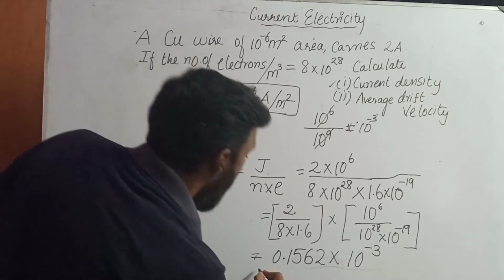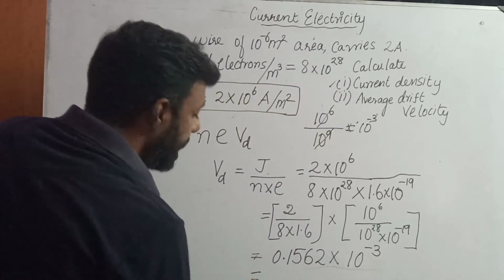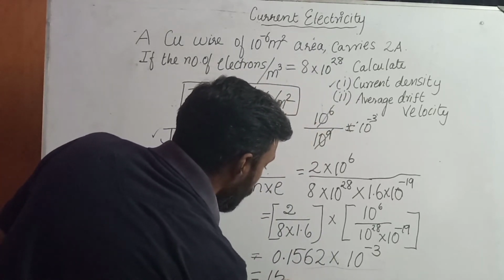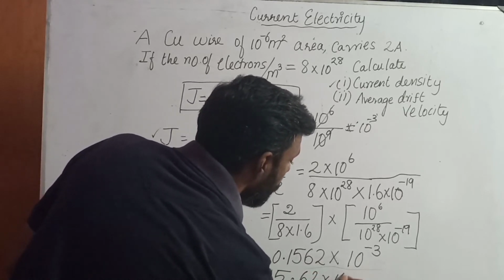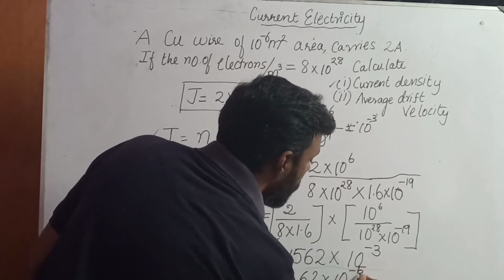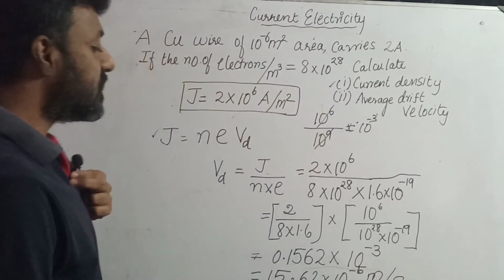Now I can also write it as 15.62 into 10 to the power minus 5 meters per second. So this is the final result.